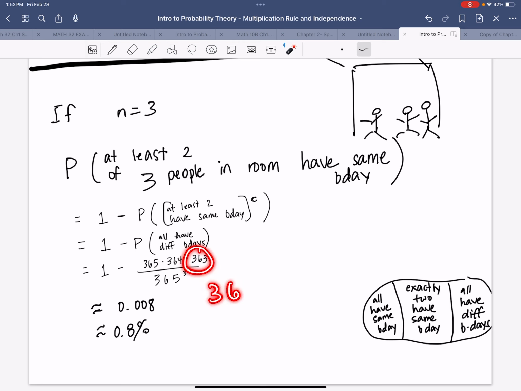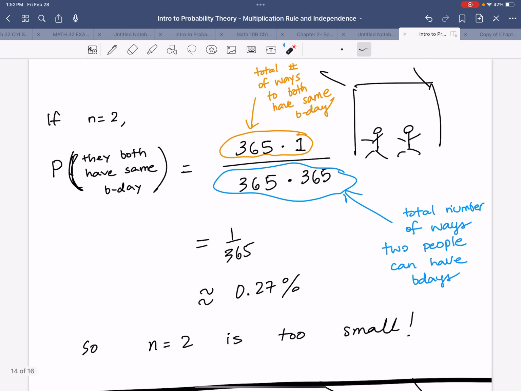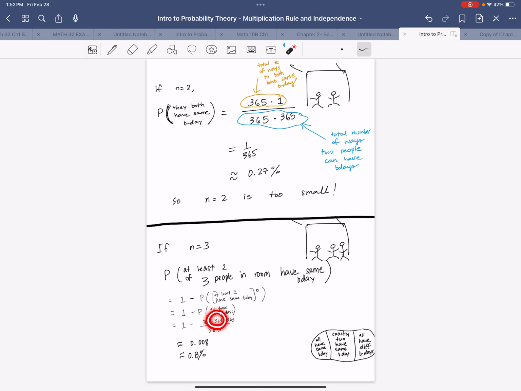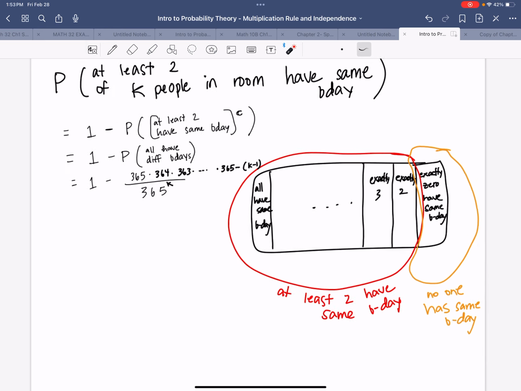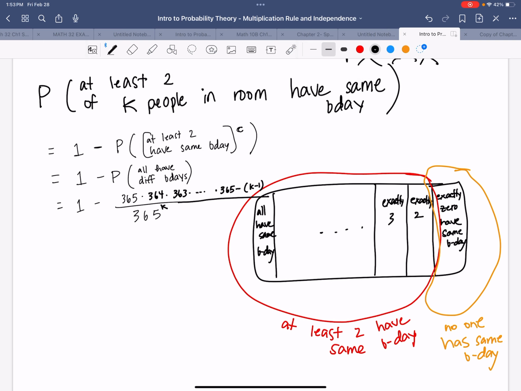So this 363 is 365 minus 3 minus 1. Here, when n was equal to 2, we had 365 minus 2 minus 1. That's how we got the 364. So it'll be 365 minus k minus 1. That's the last term that we're multiplying.